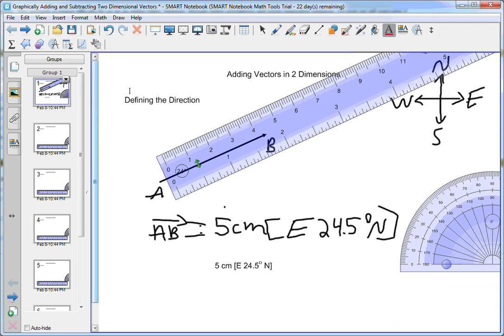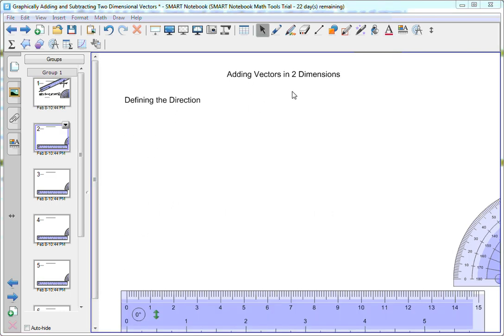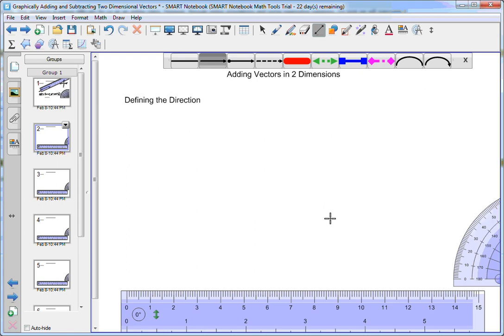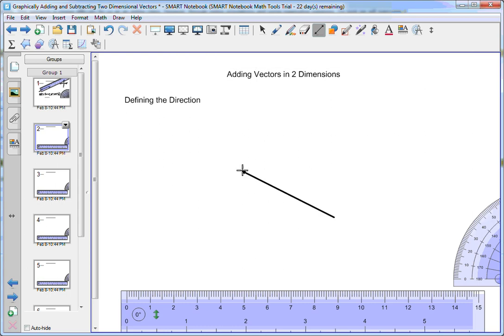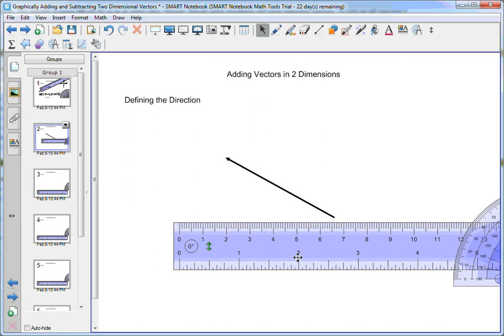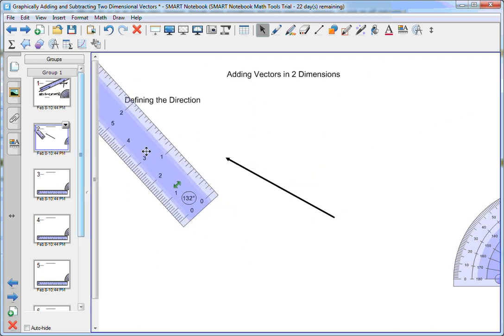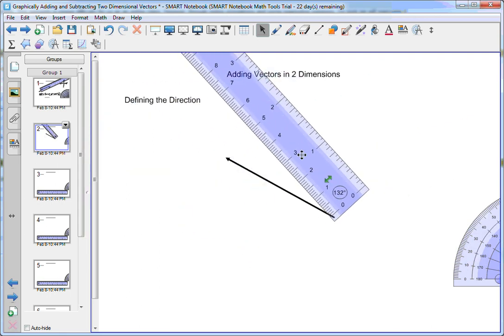All right. Let's try another one. Let's say we've got this one. Well, first we can measure the length of it. So we take our ruler, spin it around, line it up.